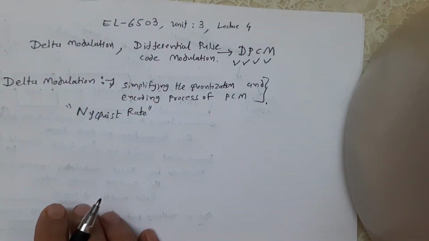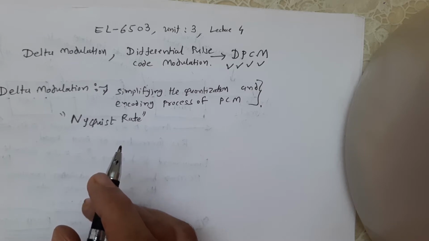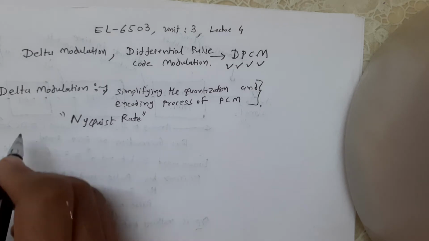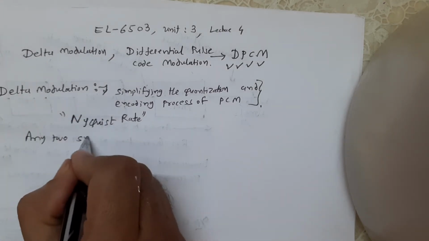This oversampling process will result in a sequence of samples which are very close, and hence there is high correlation among the successive samples. Under this condition, it may be safe to assume that any two successive samples differ by an amplitude of delta.